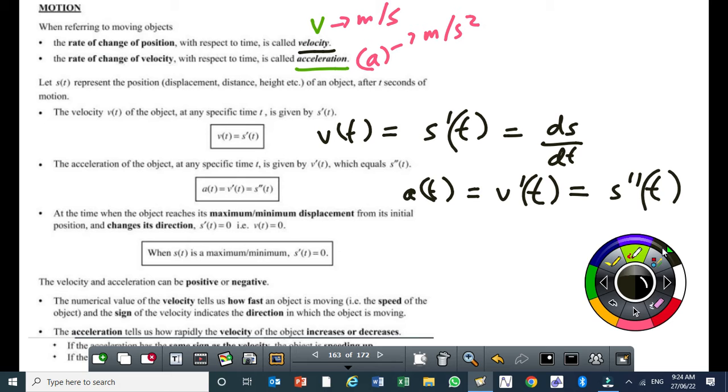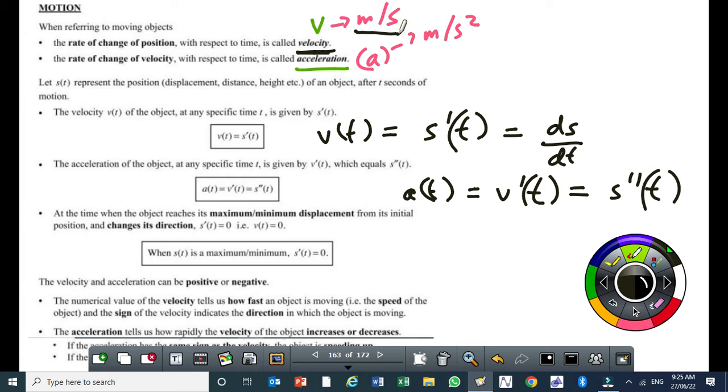So if you want to simplify it, you can just say velocity is speed with a direction. Velocity is denoted by a small letter v, and it is measured in meters per second. The units of velocity are meters per second.